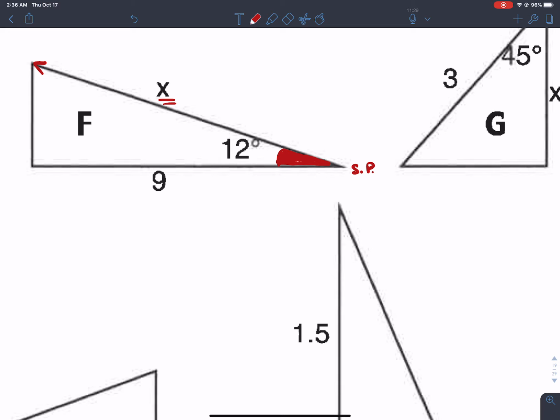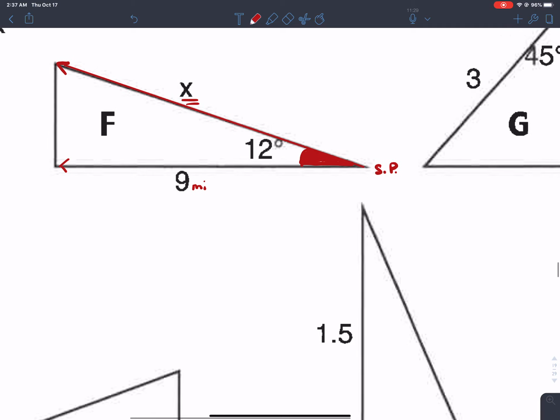Now, what we do know from this is that the person walked from the starting point. They're going to end up 9, let's say, miles west of where they started, but as they were walking towards the west, they were also walking north, and they ended up going along this path right here.